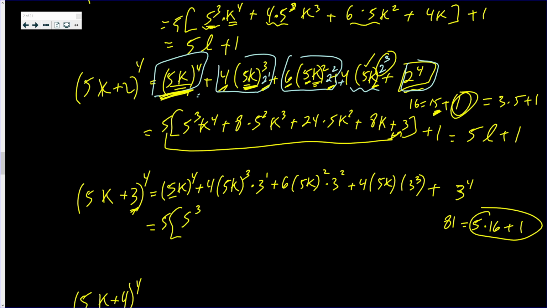We get 5 to the 4th, what we factored out of 5, so we have 5 cubed times k to the 4th, plus 4 times 3 is 12, times 5 squared instead of cubed, because we factored out of 5, times k cubed.